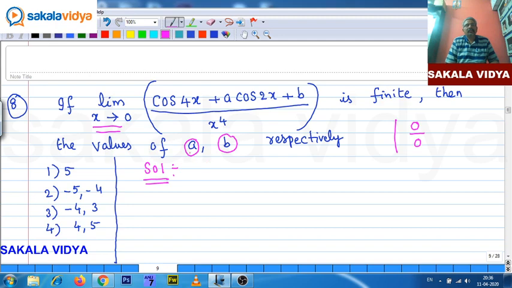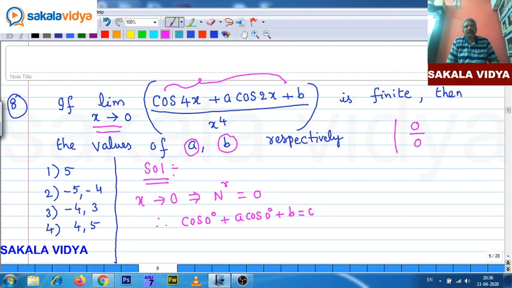That means as x approaches 0, the numerator should become 0. So, therefore, we get cos 0 plus a cos 0 plus b should be 0. Cos 0 is 1, so 1 plus a plus b equals 0. So, we get a plus b equals minus 1.